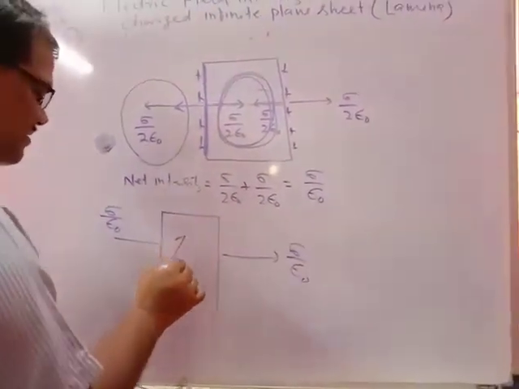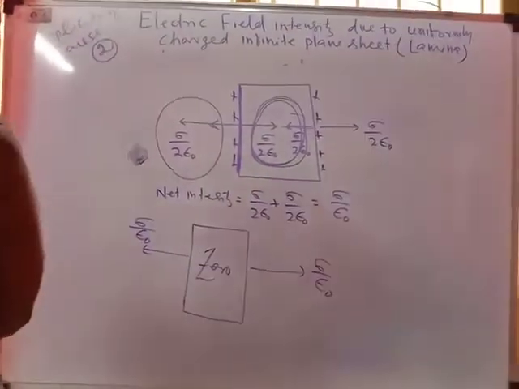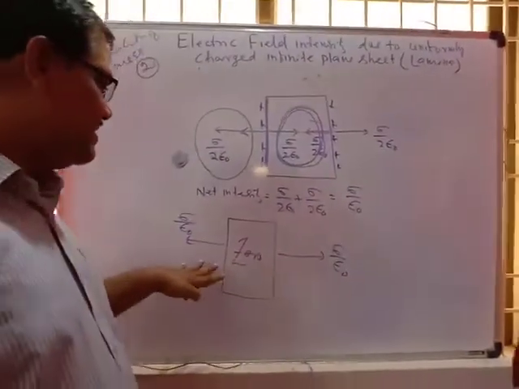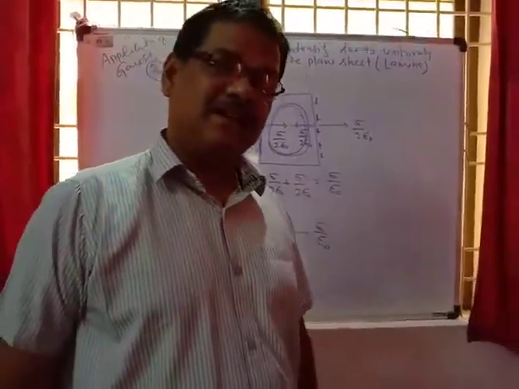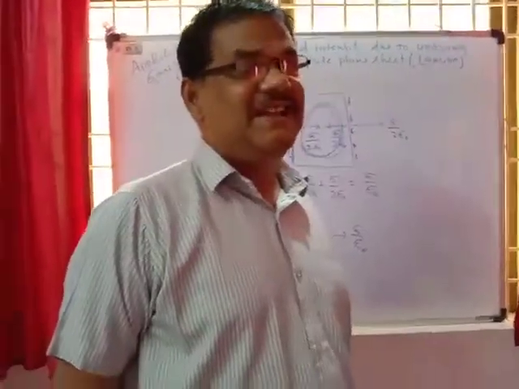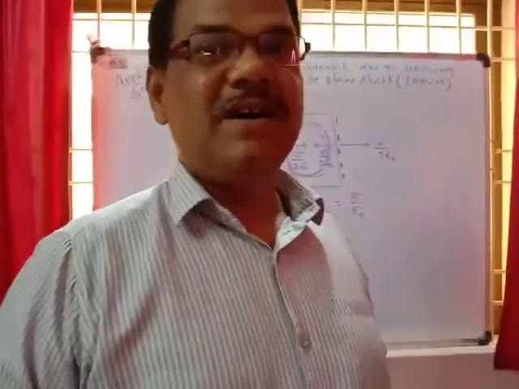Inside, the intensity is 0. I think you understood what I told you: for a thick metal sheet, the electric field intensity on either side will be sigma upon epsilon naught. But for a very thin, infinite plane metal sheet, it is sigma upon 2 epsilon naught.